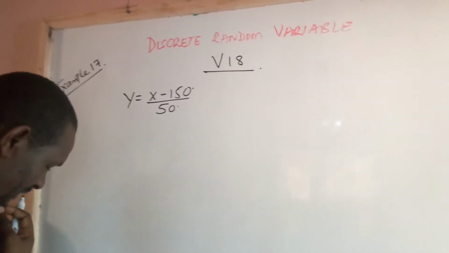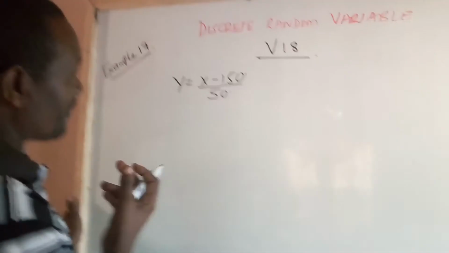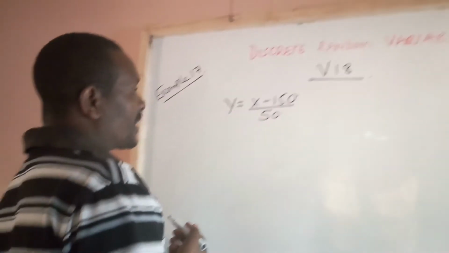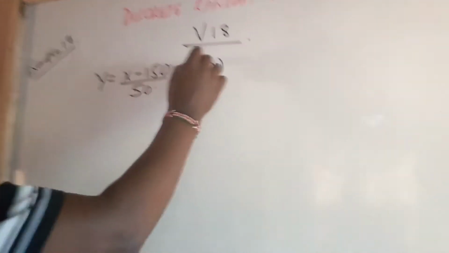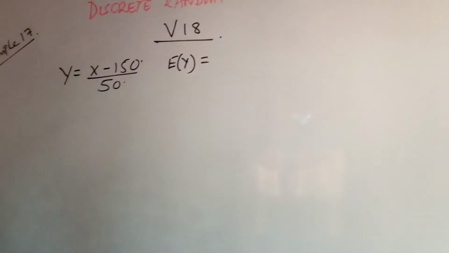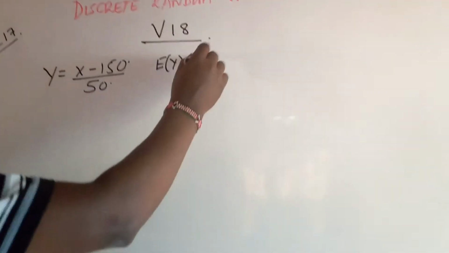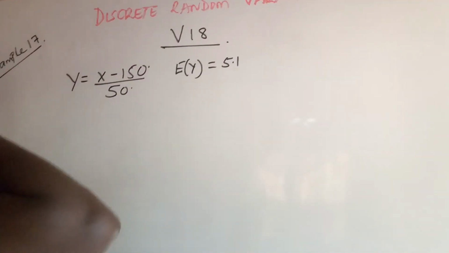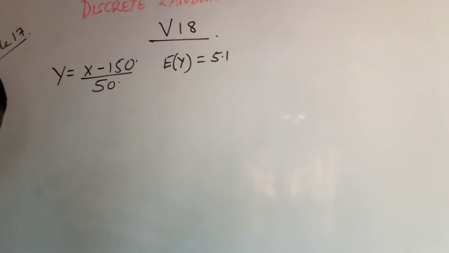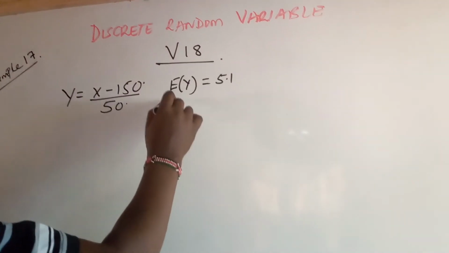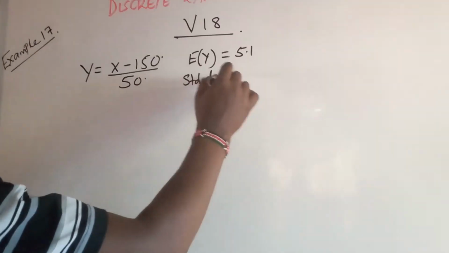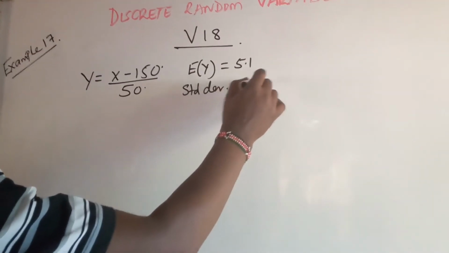The mean of the coded data, the mean of y, E(y), is 5.1, and the standard deviation of the coded data is 2.5.